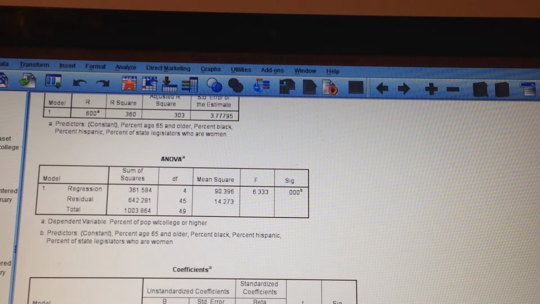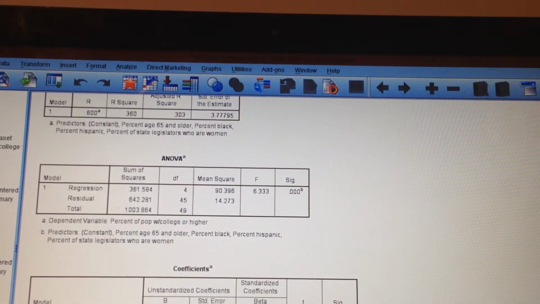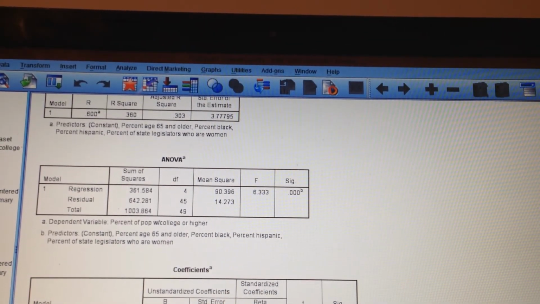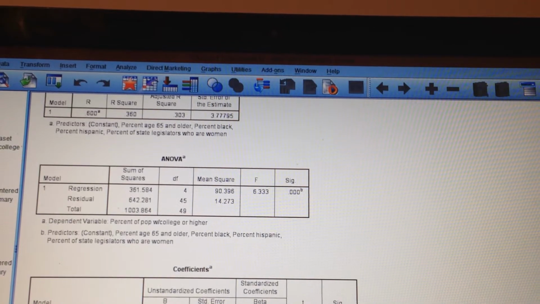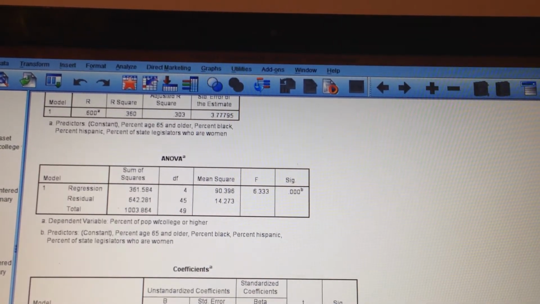And by the independent effect, I mean what's really the difference that female legislators make, even when we have these things controlled?